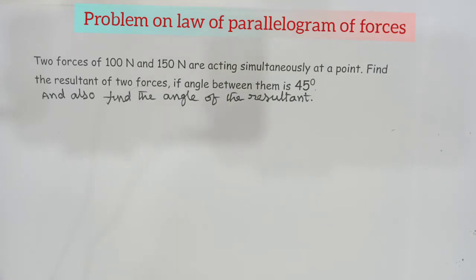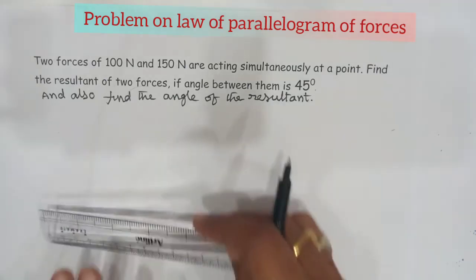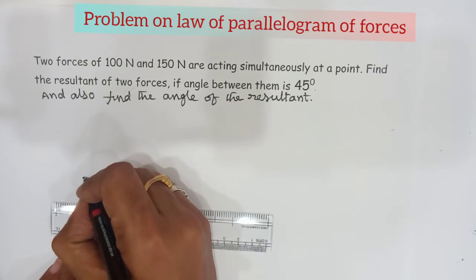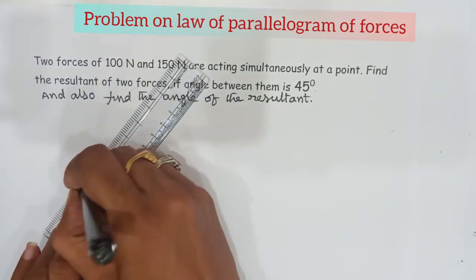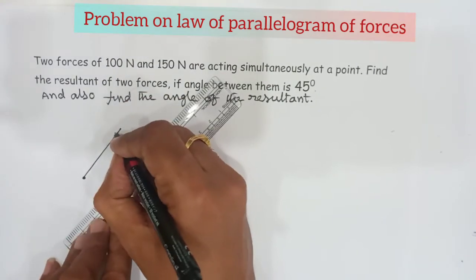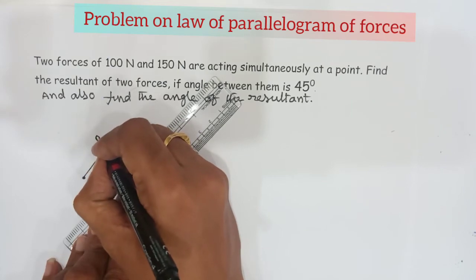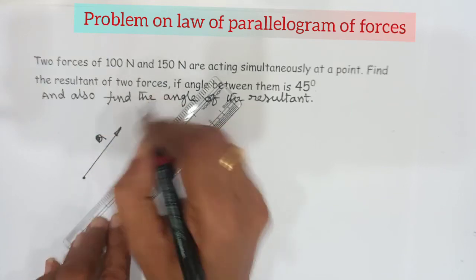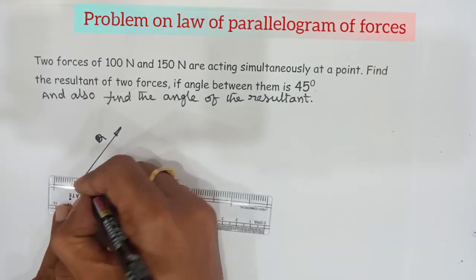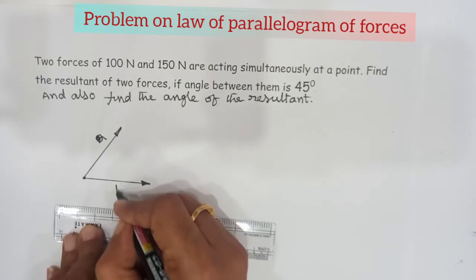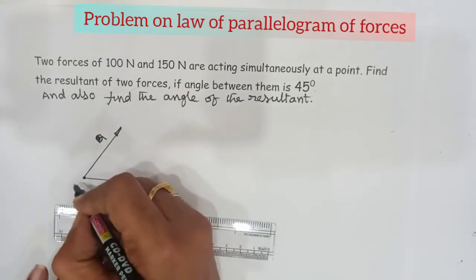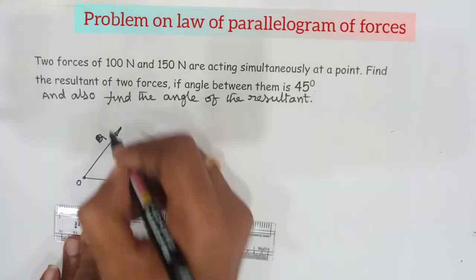In the case of the law of parallelogram, say two forces P and Q act at a point O. O is the point, force P and Q, say OA, OB.